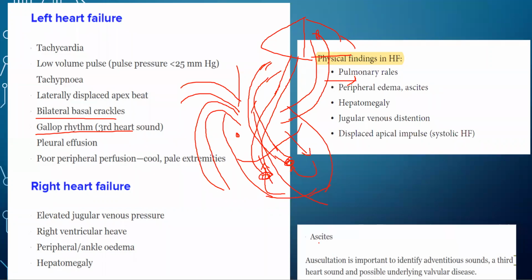So these are all features of right heart failure. What are the right heart failure features? Raised JVP, tender hepatomegaly, ascites, and bilateral pitting edema in the ankle or leg. Cool. So that's mainly the features of heart failure that we need to remember.